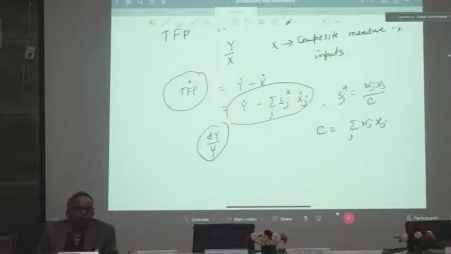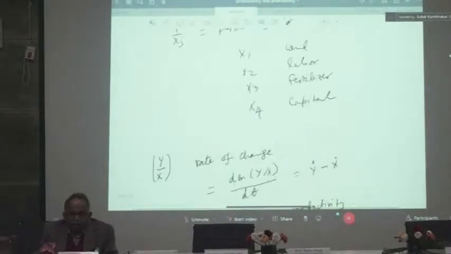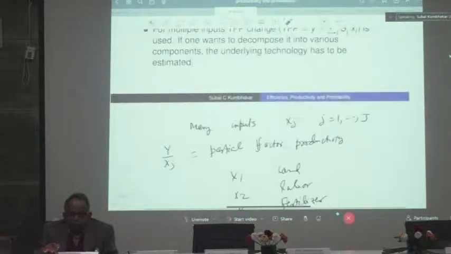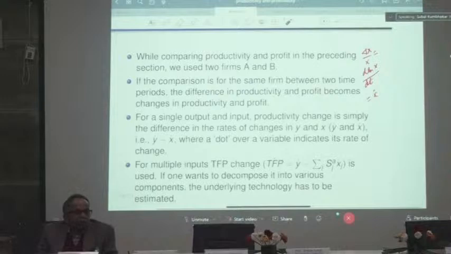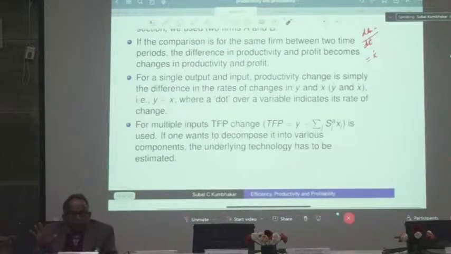It depends on what your objective is and what type of data you have. Now, if that is the case, then we should be ending here, but no, we go beyond that. After defining this, if your objective is simply to measure TFP dot, then this is the end of the story. You don't need to do anything else.